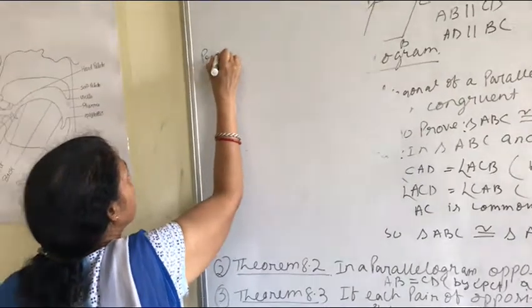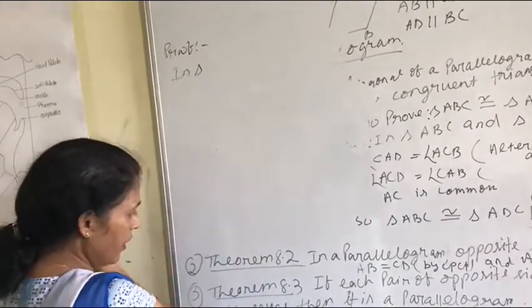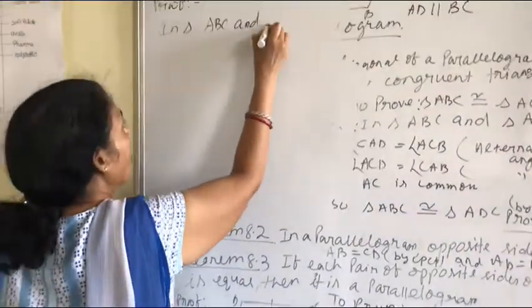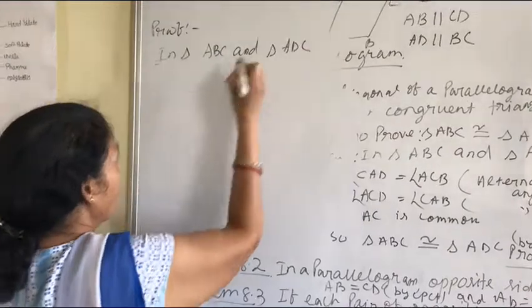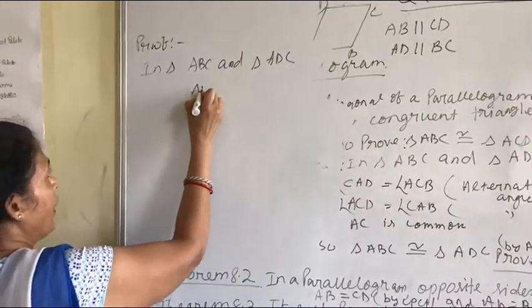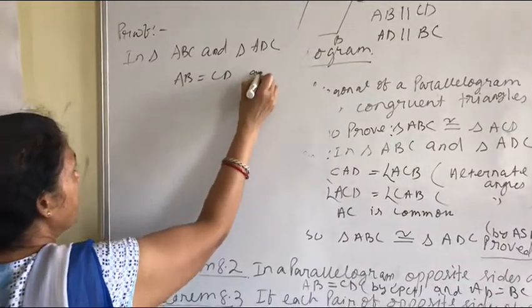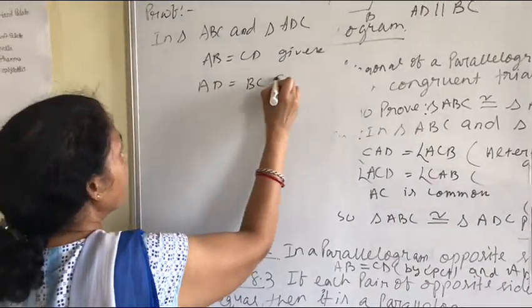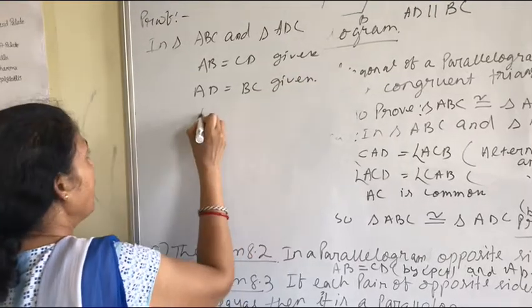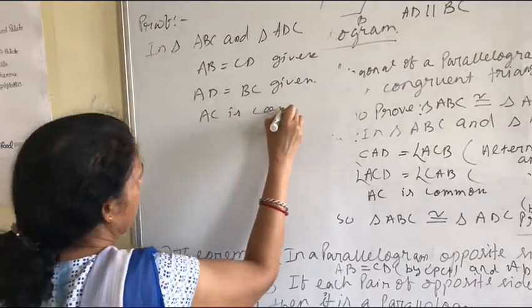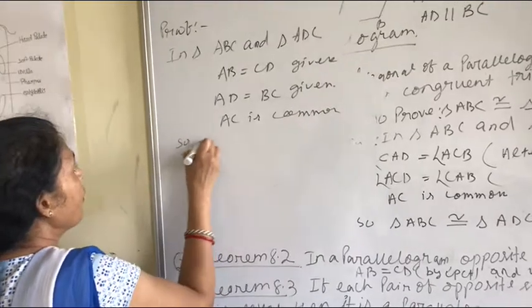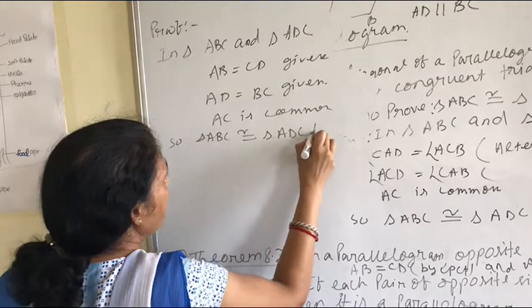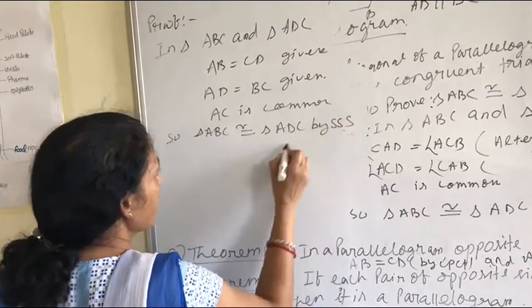Proof: in triangle ABC and triangle ADC, AB is equal to CD, given. AD is equal to BC, given. And AC is common. So triangle ABC is congruent to triangle ADC by the SSS congruence condition.